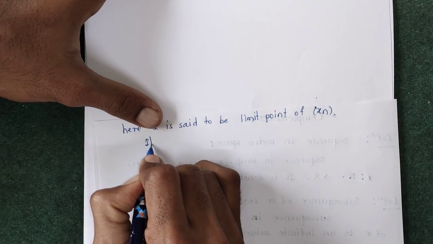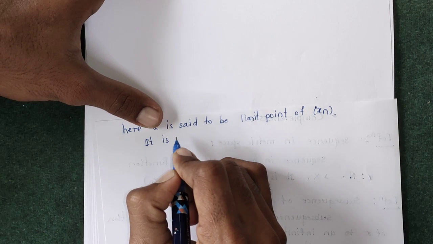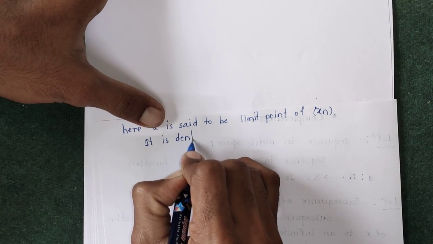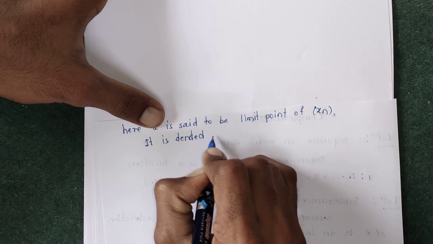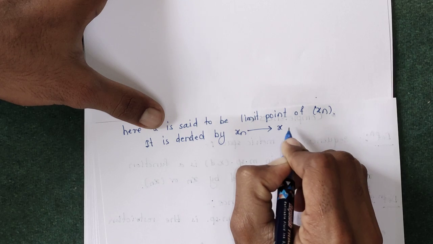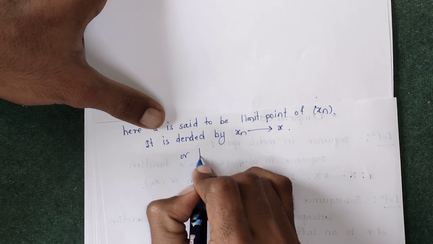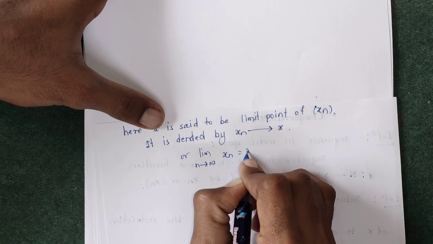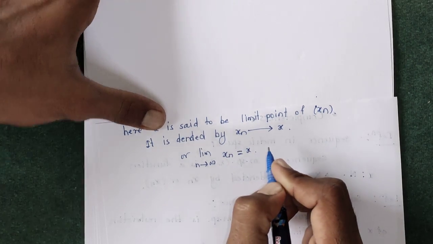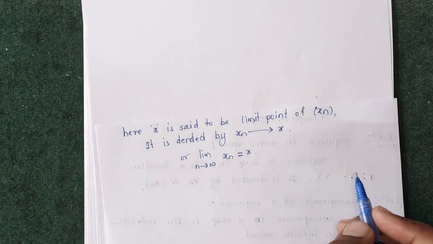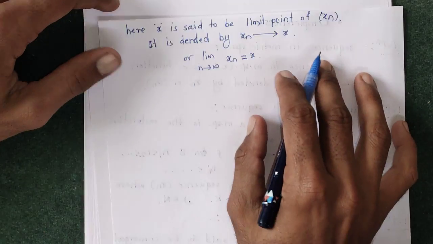It is denoted by, that is, if the sequence xn is convergent and converges to x, then it is denoted by xn converges to x, or limit as n tends to infinity of xn is equal to x. This is the definition of convergence of a sequence in metric space.